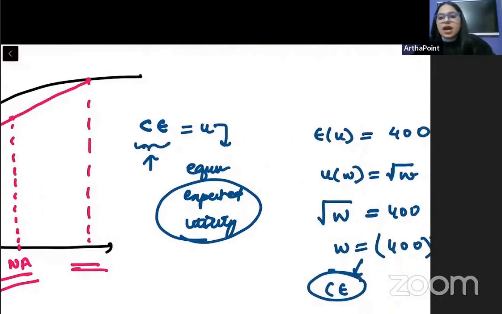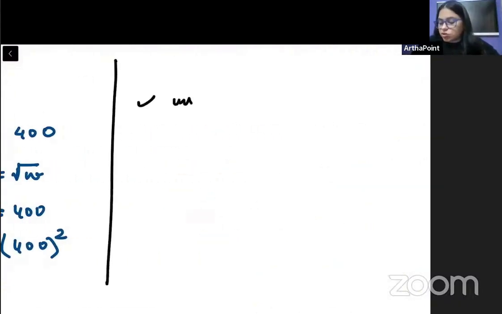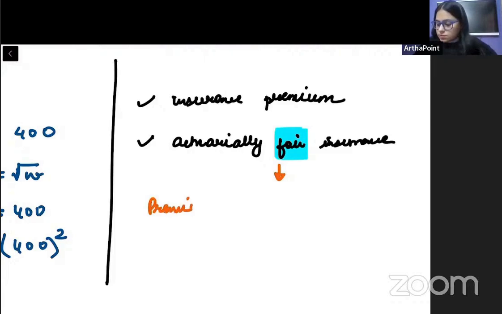Then the next thing that can be asked in exam from this chapter is to find out insurance premium. But please revise this chapter as many times as possible. It's an important one. And actuarially fair insurance. So we had said that, you know, fair का मतलब ये है that you will pay premium equal to probability of loss into size of loss.